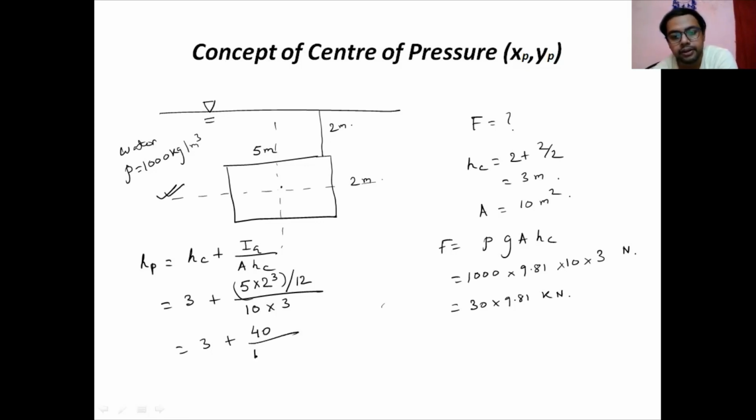So 40 by 12, divided by 3 into 10. So 3 plus 1 by 9, that is 3.11 meters distance. So somewhere is the P, somewhere else is the C. This is how we are getting it.